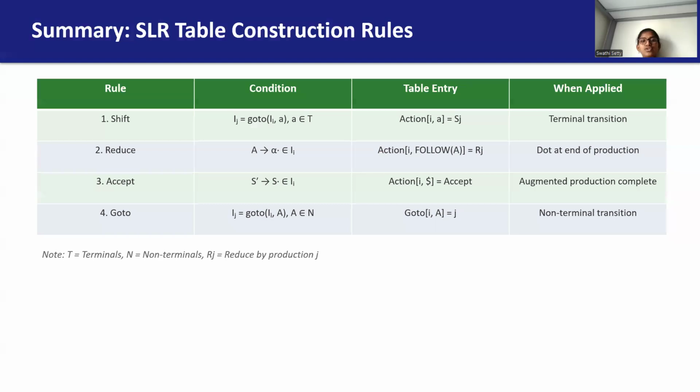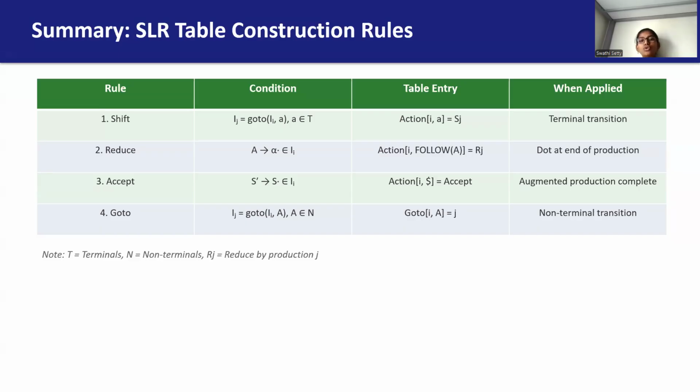As I discussed, goto(I, a) where a is a terminal gives a shift operation. For a reduce operation, the dot has to be on the rightmost position. For accept, S' gives S dot, typically occurring in the first row and the dollar column.